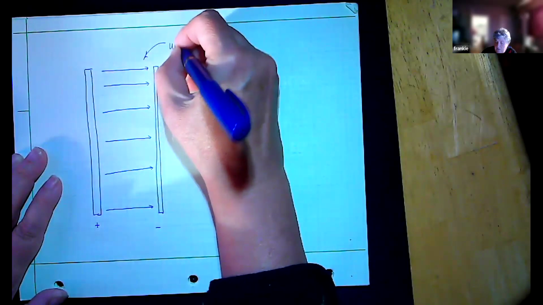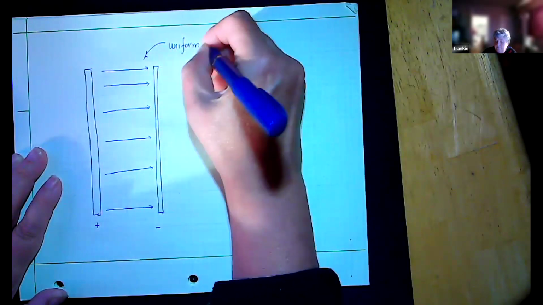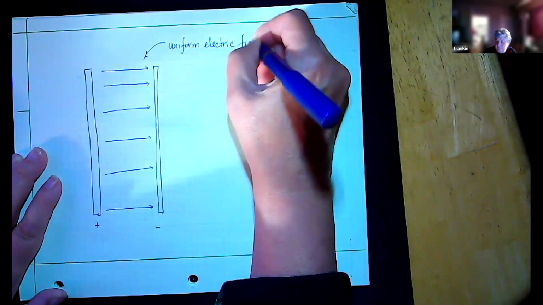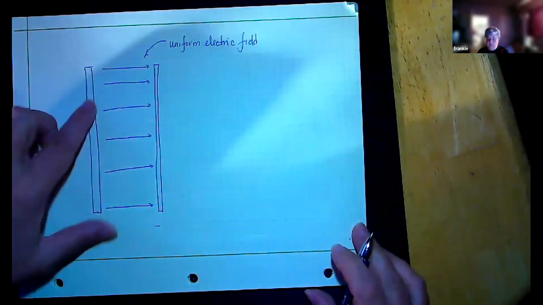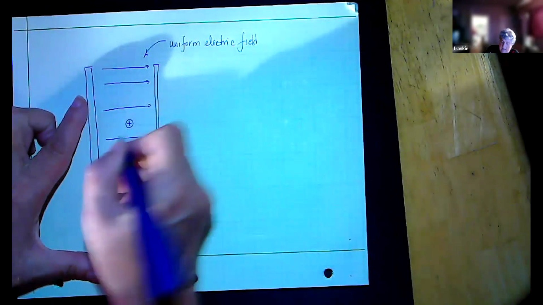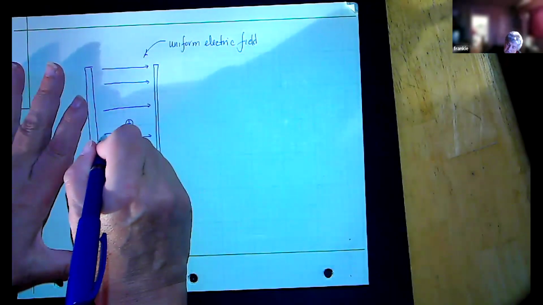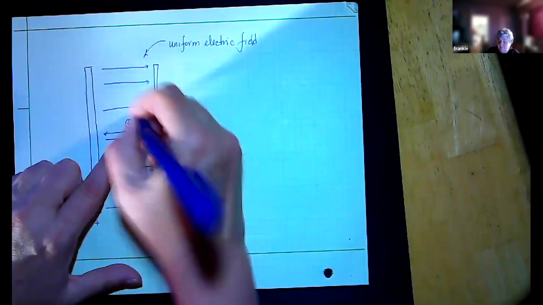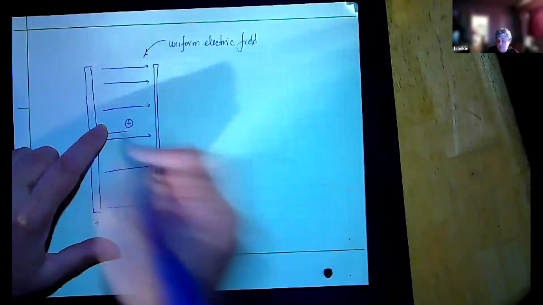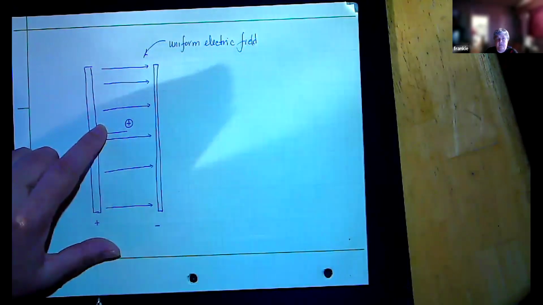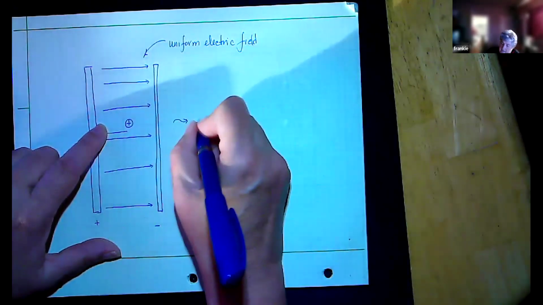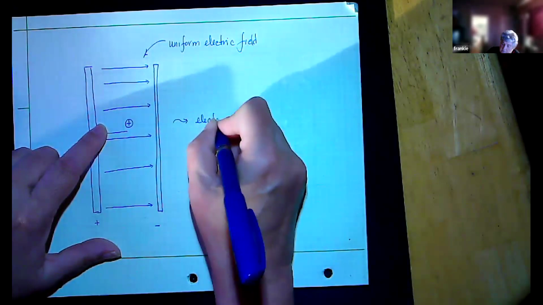And in my uniform electric field, if I take a positive test charge and I want to move that positive test charge in that direction, guess what happens? I have to do work. Because as soon as I put that positive test charge there, it's going to go right over there. And we get this idea of work, or the idea of an electric potential.